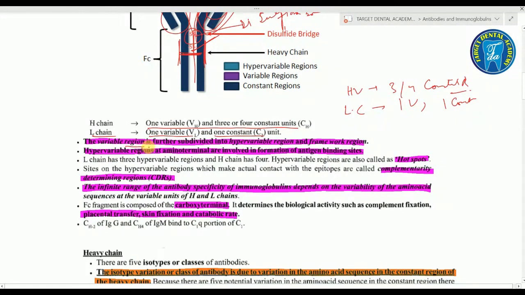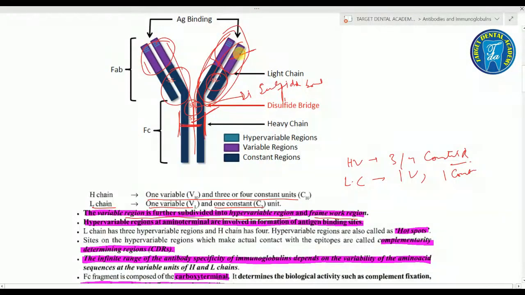The variable region is further subdivided into the hypervariable region and the framework region. Fine. And the hypervariable regions at the amino terminal are involved in the formation of the antigen binding sites. Important.